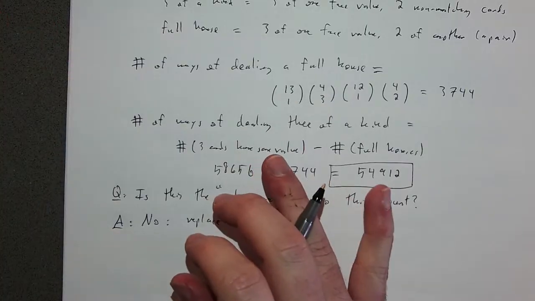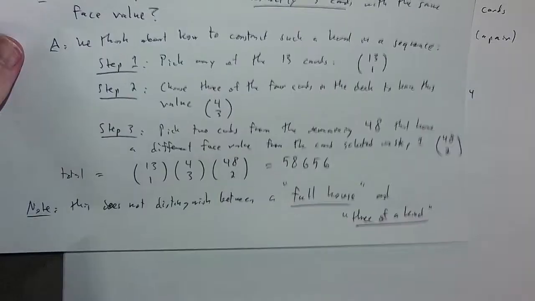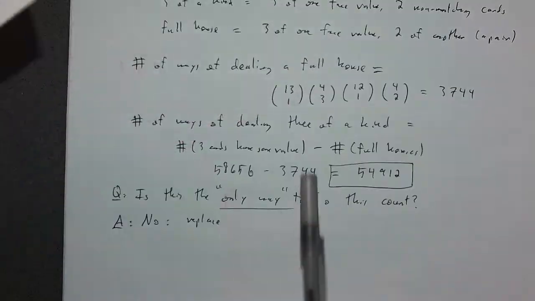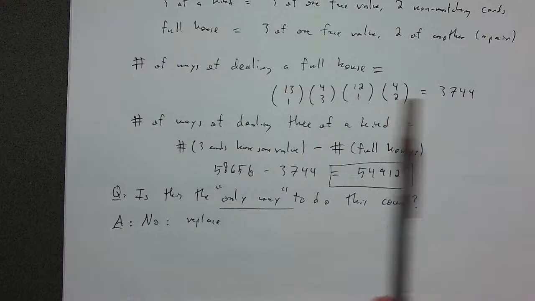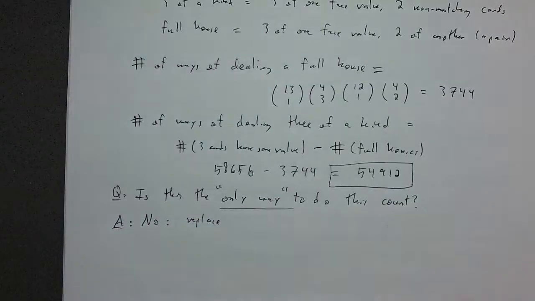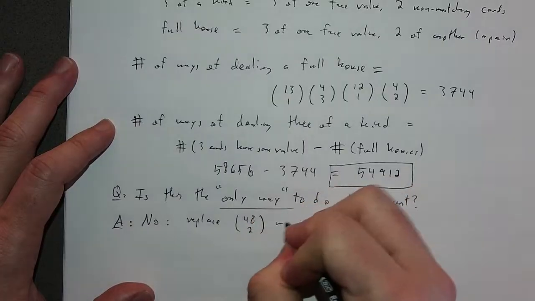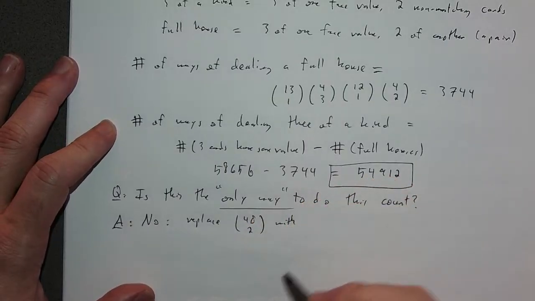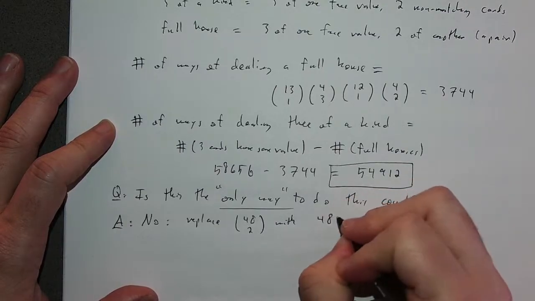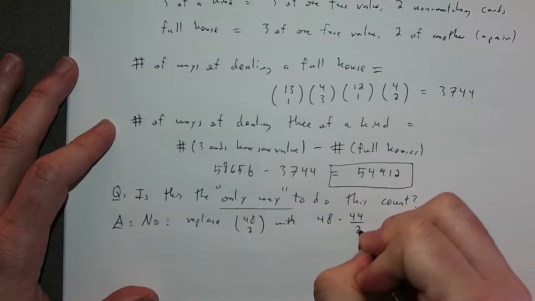So going back here in our step 3, if I wanted to just directly modify this to avoid having to deal with whether or not we have a pair in the last bit, I can replace 48 choose 2 with the following. Why don't I replace it by 48 times 44 over 2?